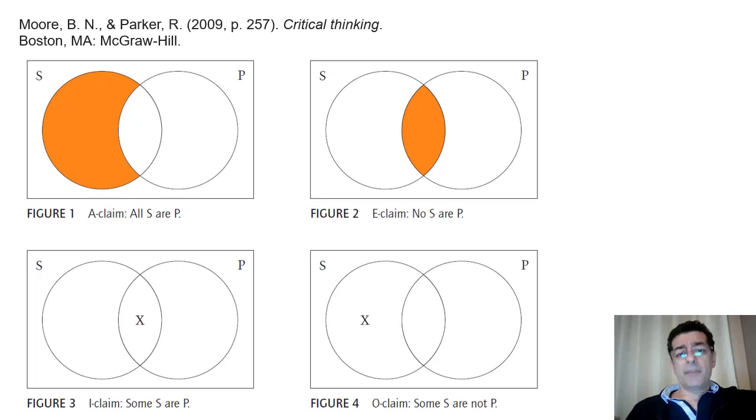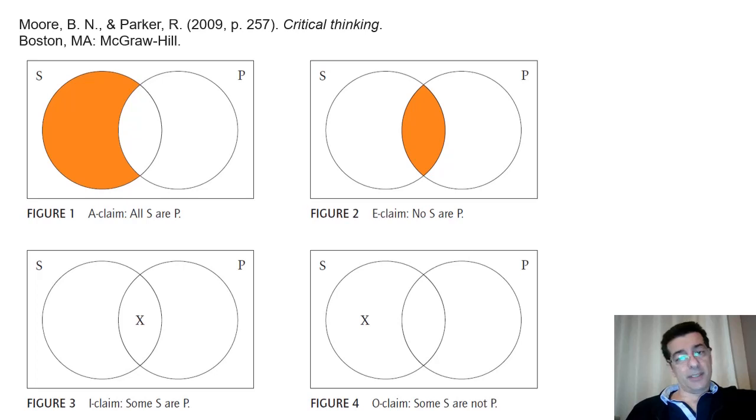Yes, they are. But remember that the shaded area means there is nothing there. But what about X in figure 4? Does this also mean that there is nothing? On the contrary, it means we are talking about that area. So these two are contradictory claims. So the diagrams for corresponding A and O claims say exactly opposite things.